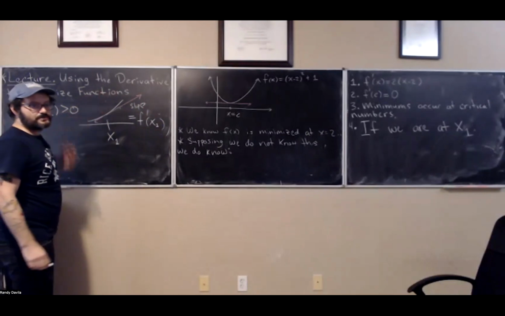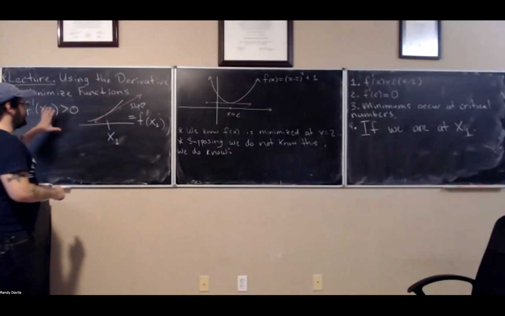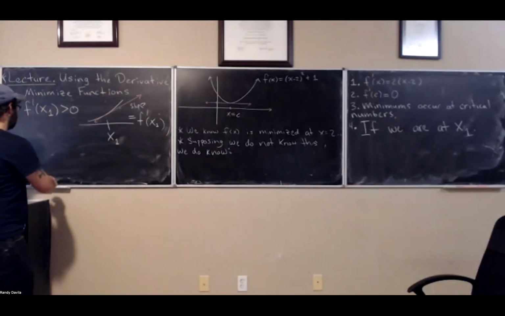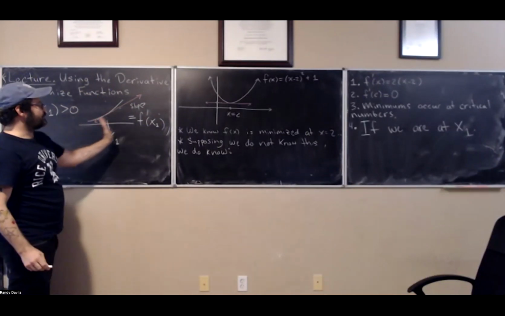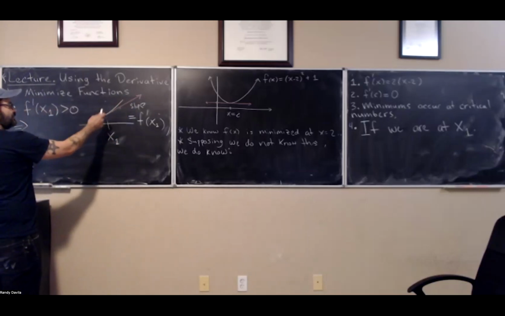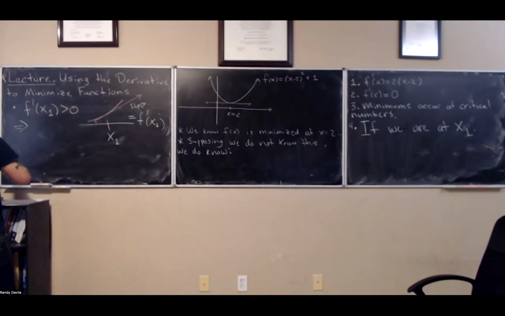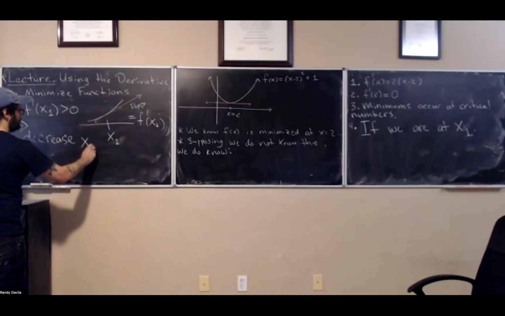If that derivative is greater than 0, meaning it has positive slope, what does this mean? It implies that if we go to the right, we're going to go up the curve. If we go to the left, we're going to go down the curve. So this means we need to decrease x1.